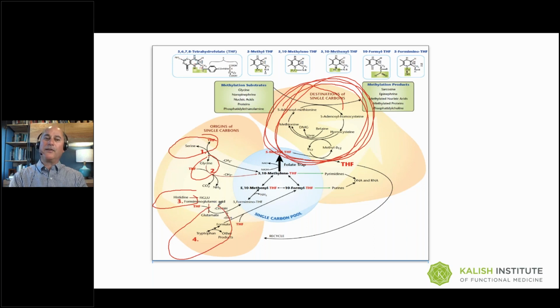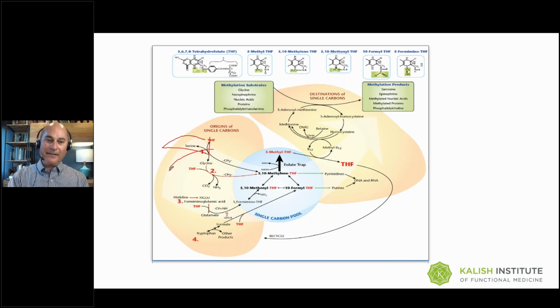So we want to broaden our picture of what methylation means. And if you are testing and correcting serine, glycine, histidine, glutamine, tryptophan, folate, methionine, B6, B12, and a few other things, then this whole thing starts to work just beautifully.